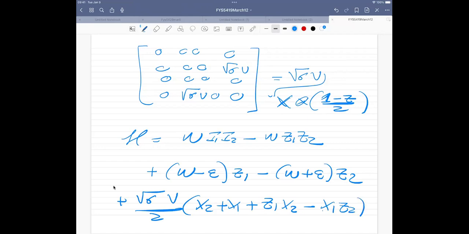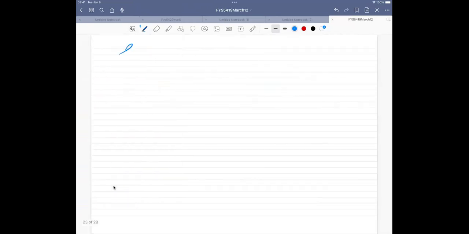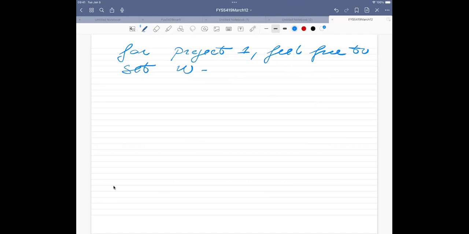Now for the project, you can easily set W equal to 0. So for project 1, feel free to set W equal to 0, for N equal to 2 and N equal to 4.